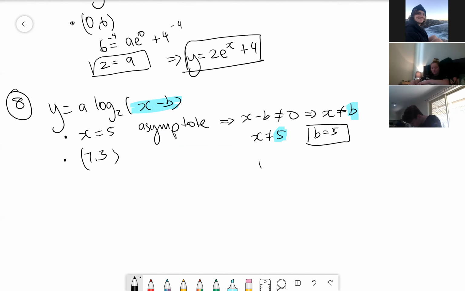So we've got y is equal to a log to the base 2, x take 5. And that checks out because it looks like a log graph that's been shifted 5 units to the right.